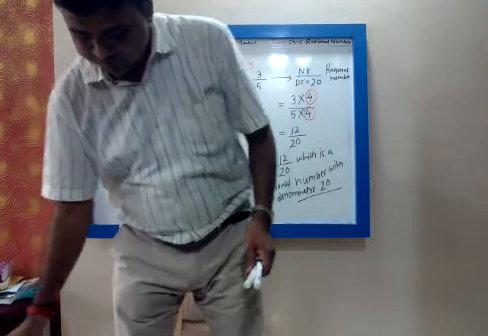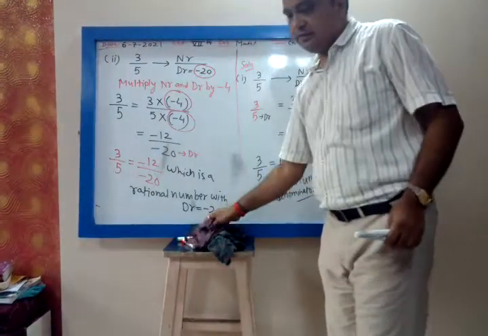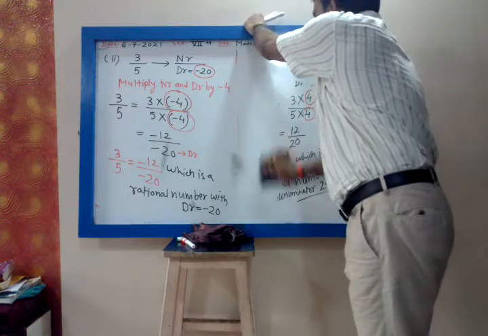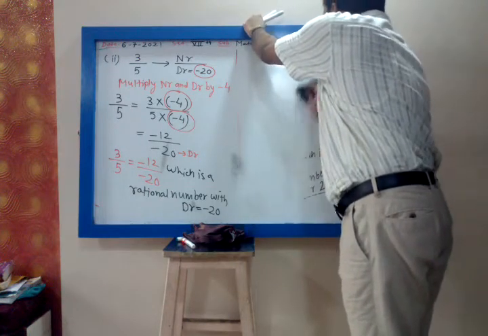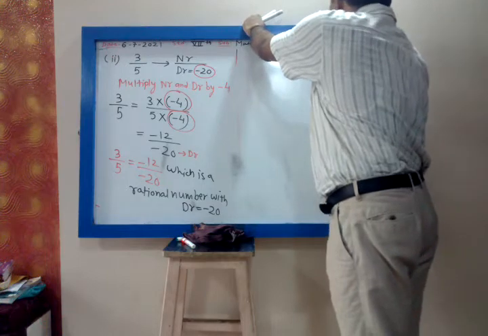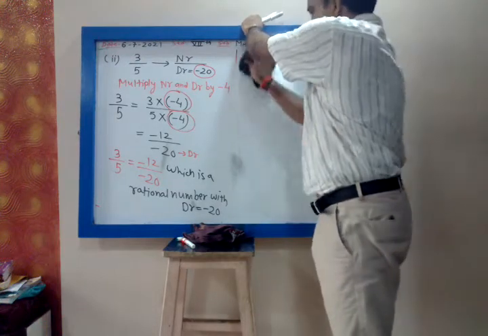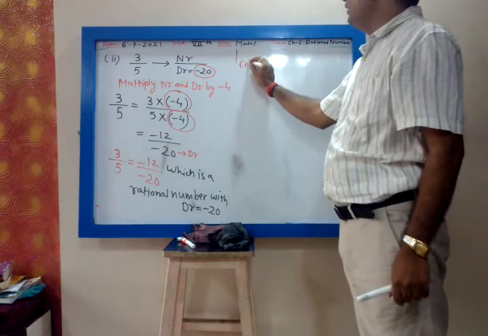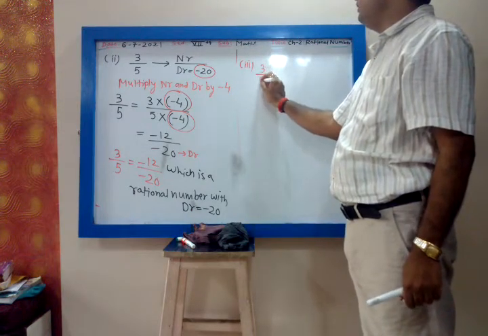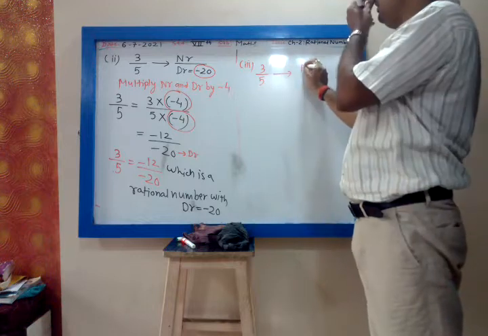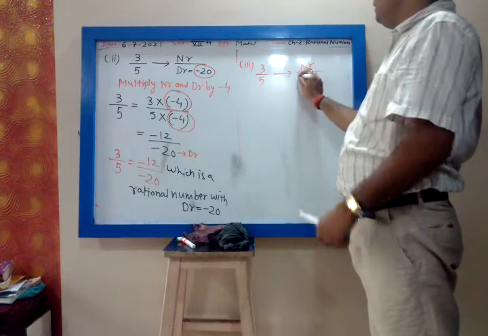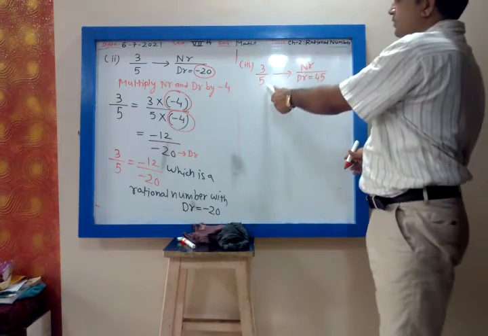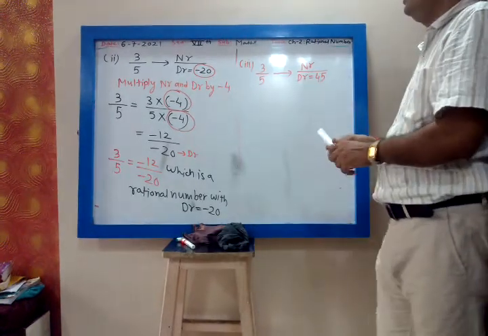Now next is 45. We want 45. So 3 upon 5, we have to convert to the rational number whose denominator is 45. Okay. So third, 3 upon 5 is the rational number. We have to convert this to a rational number, numerator upon denominator. Now you want denominator as plus 45. So 5 you will multiply by 9.